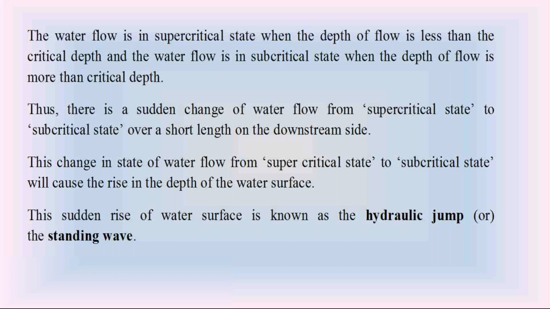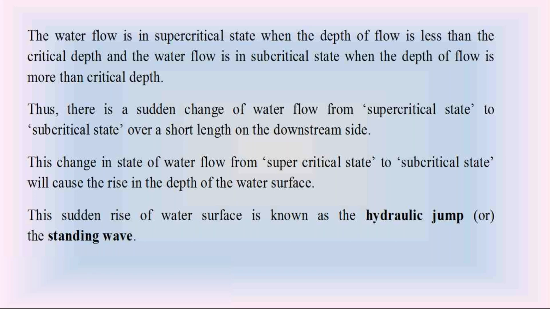But over a short length of travel, the depth of water flow sharply rises in the downstream of the canal. When the depth sharply rises, at one particular location in the downstream the depth becomes more than the critical depth. There, the water is in subcritical condition.